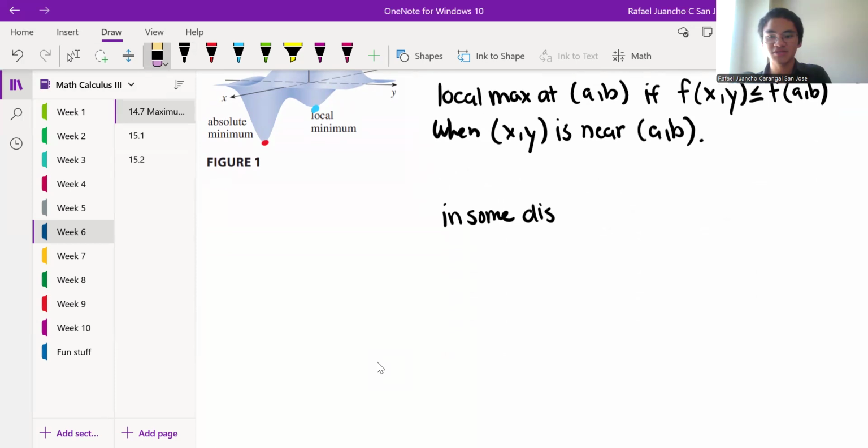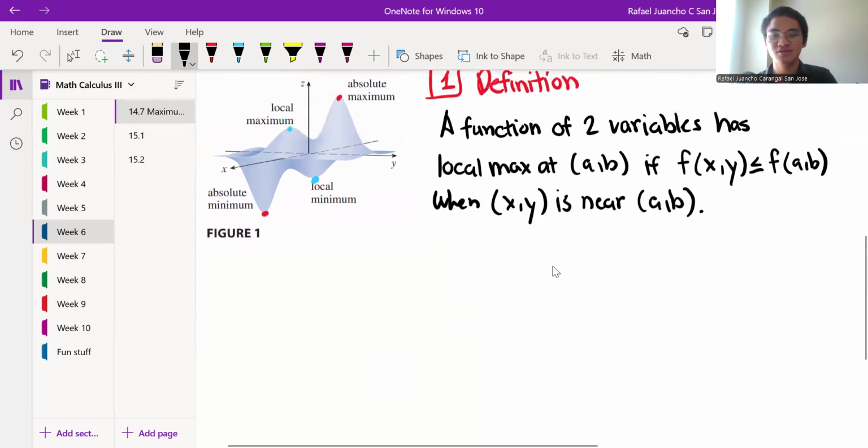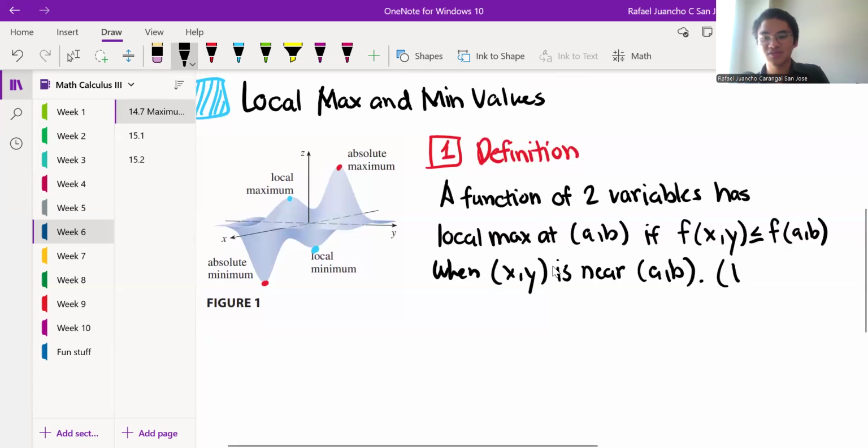I'm actually going to erase this because I don't want the definitions to be too long. I want it to just make sense. So this is a local max, right? Let's keep it intuitive.